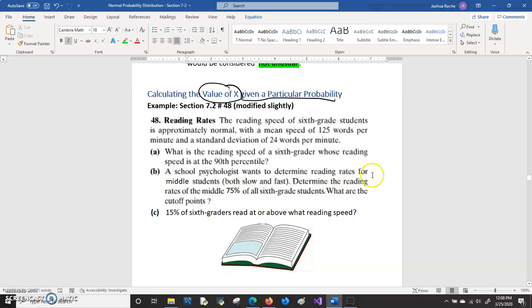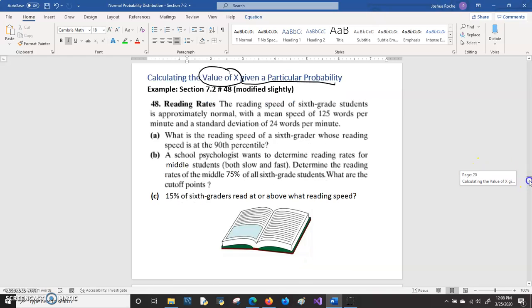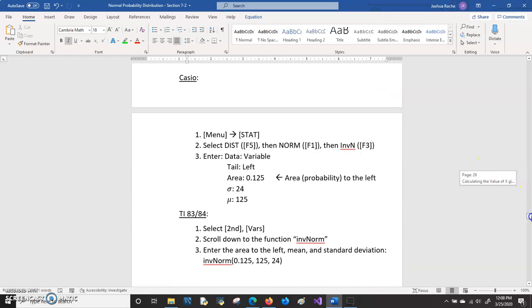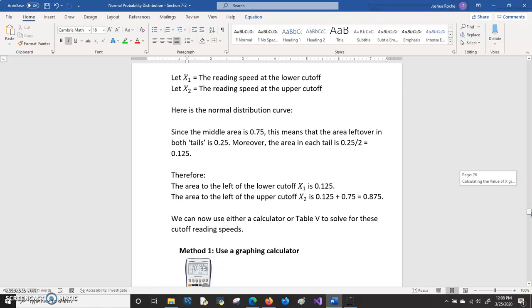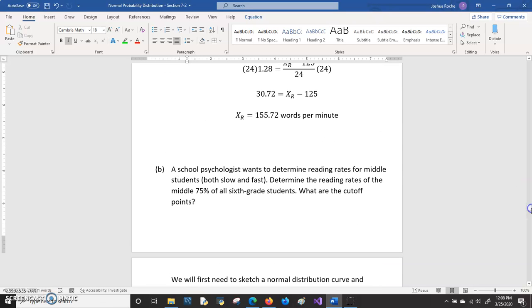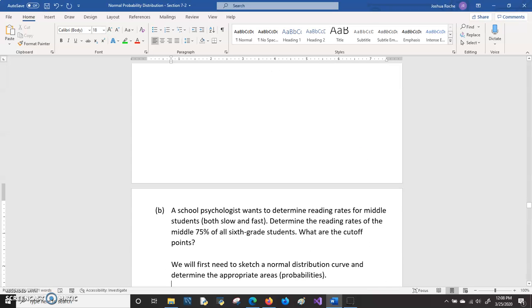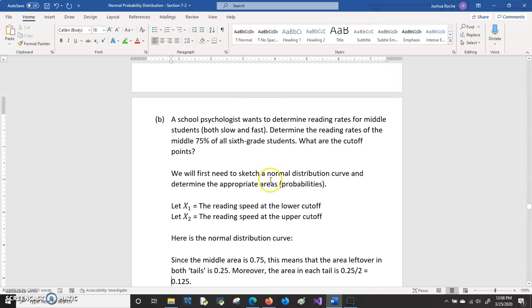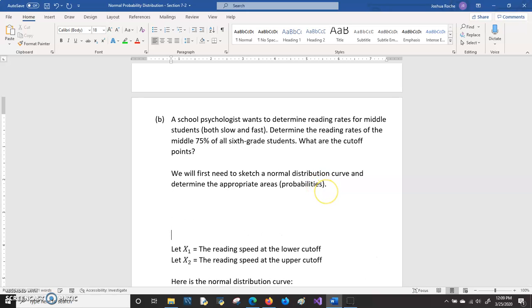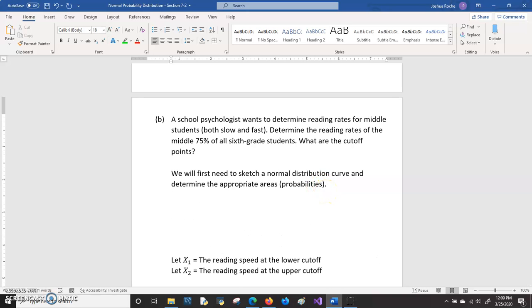What are those cutoff points? We'll start with a sketch of the curve to represent what they're asking here.